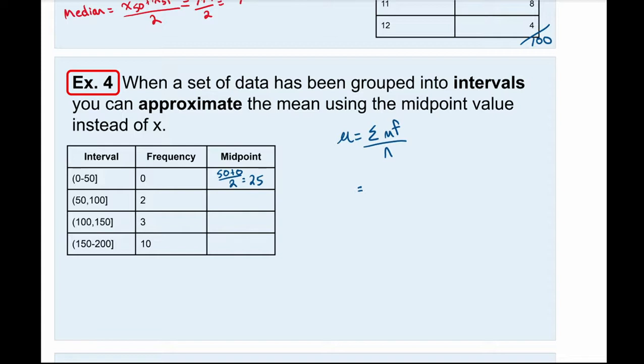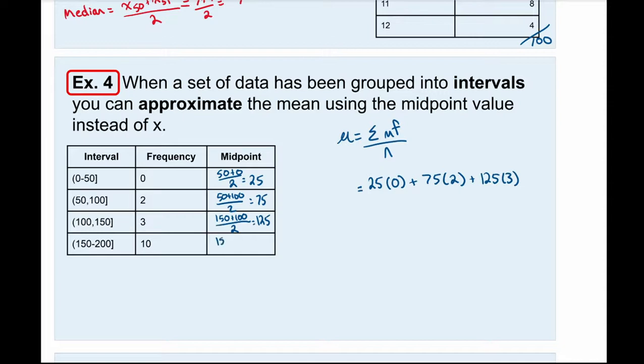So here I have 25 times 0 plus the midpoint of the second one, 50 plus 100 divided by 2 equals 75, plus 150 plus 100 divided by 2, 125. So 125 is my midpoint times the frequency, which is 3.